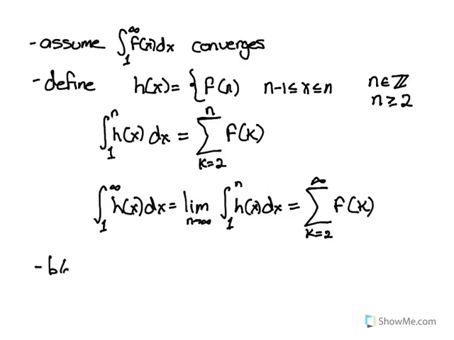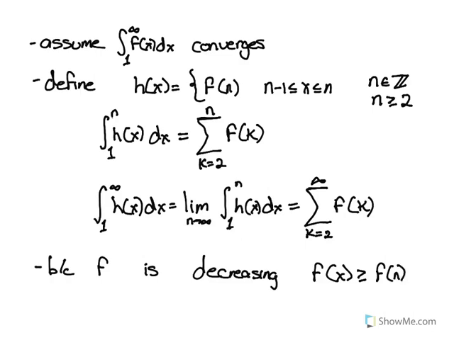And again, because f is decreasing, f of x is greater than or equal to f of n for all x less than n, which again implies that h of x is less than or equal to f of x for all x.